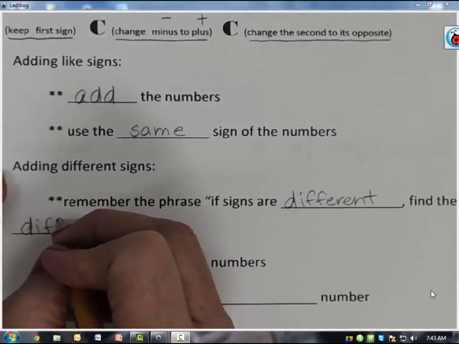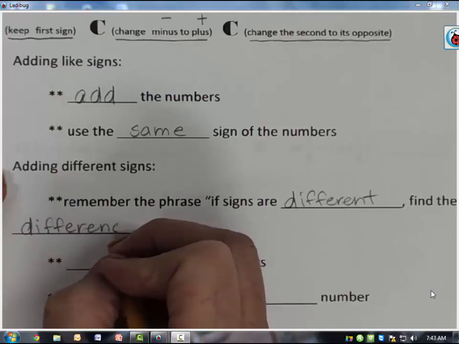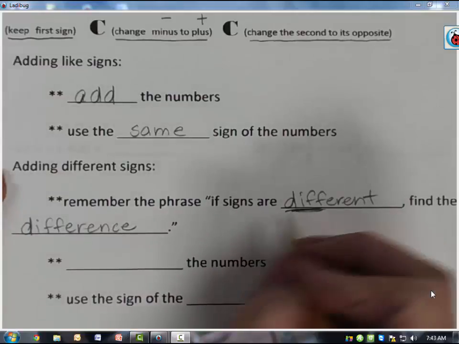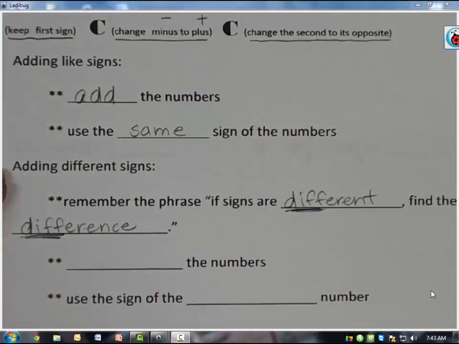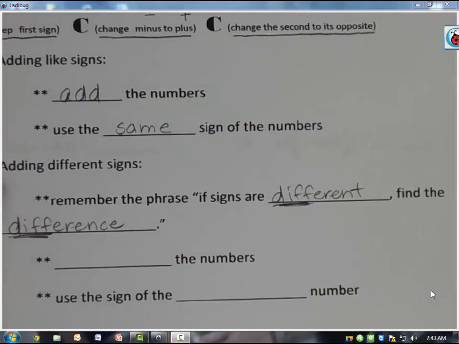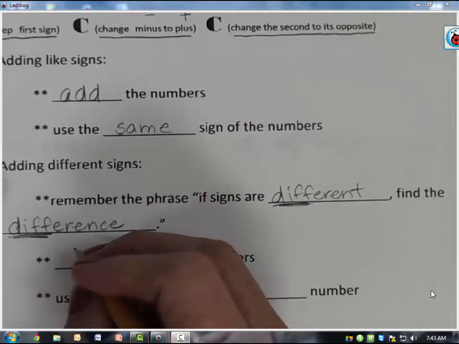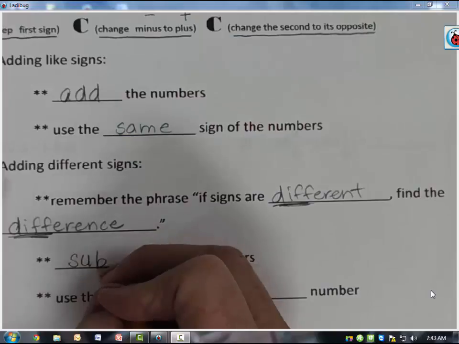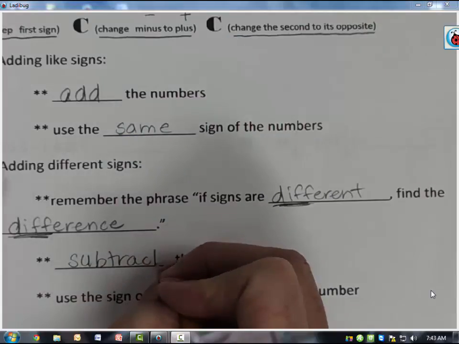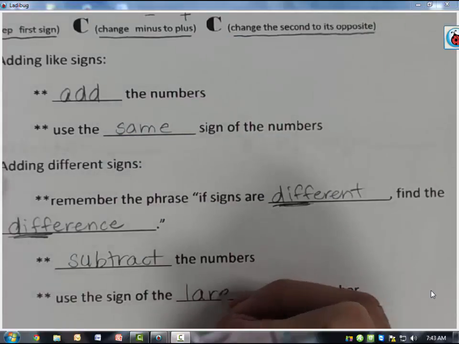We've talked about that phrase over and over in all of our classes. Remember, diff and diff. If signs are different, find the difference. So that means to find the difference you have to subtract the numbers and use the sign of the larger number.